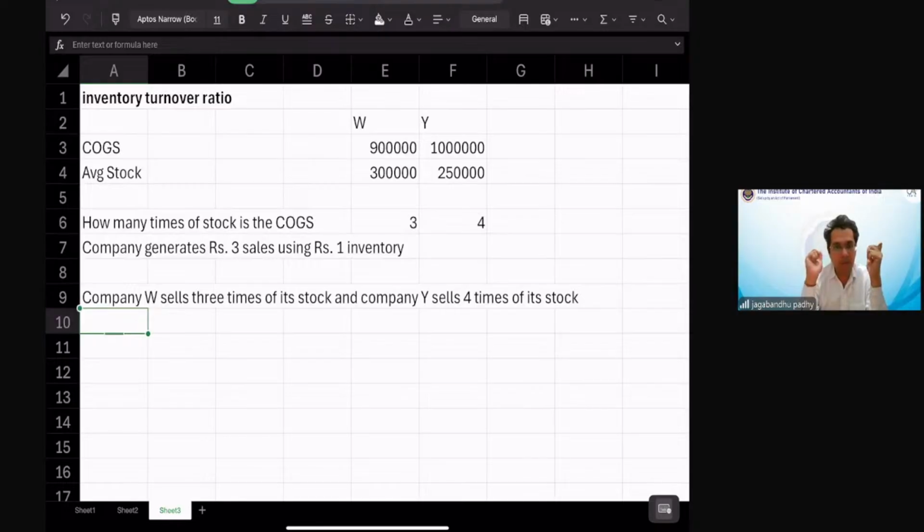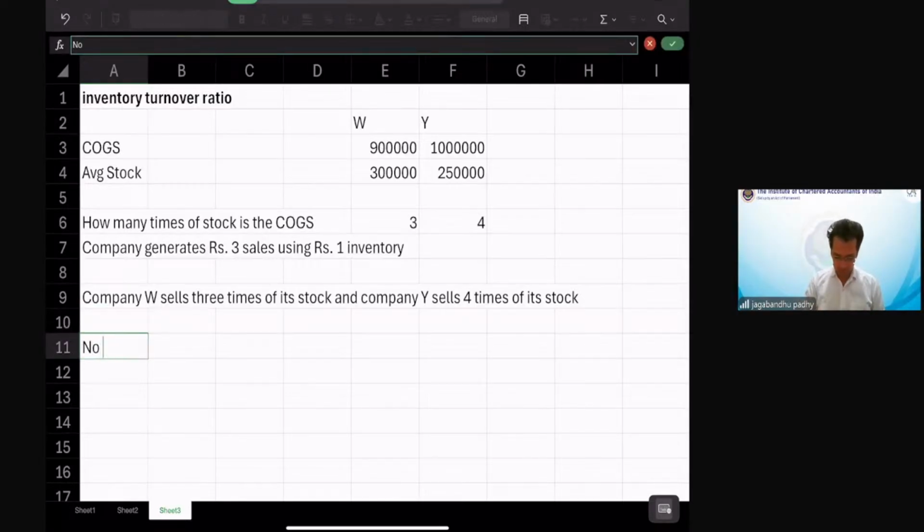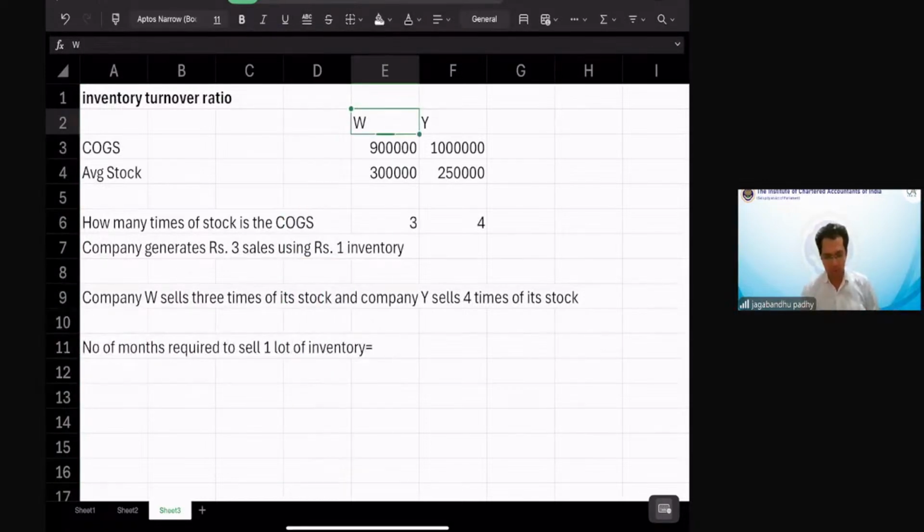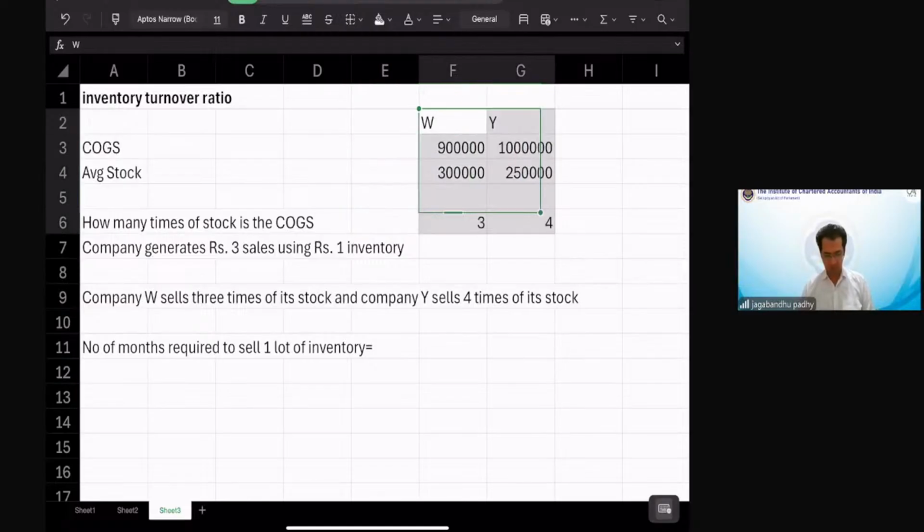If I ask you what is the number of months required to sell one lot of inventory, in case of company W, can you tell me what will be the number of months that will be needed to sell one lot of W?